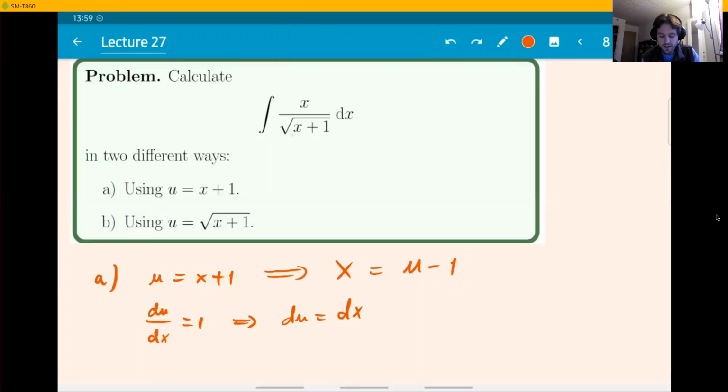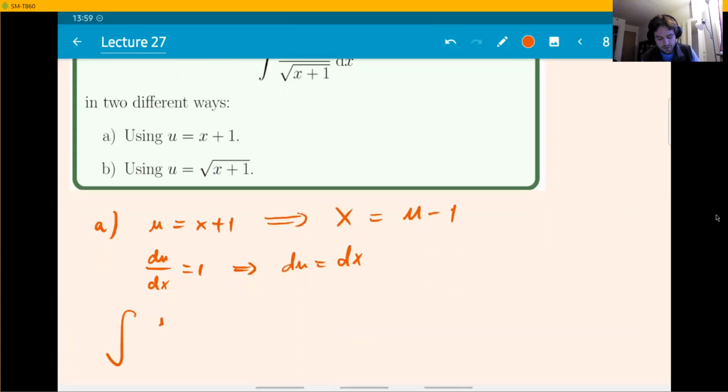You don't want to do it down here, although you could. Down here, you should just think of that as x plus 1. That is exactly what u is. It's the reason why we're calling u that. So this x plus 1 will be just u. But this x up here, we're going to replace with u minus 1. And dx is going to get replaced with du. So what do you get? u minus 1 over root u du.